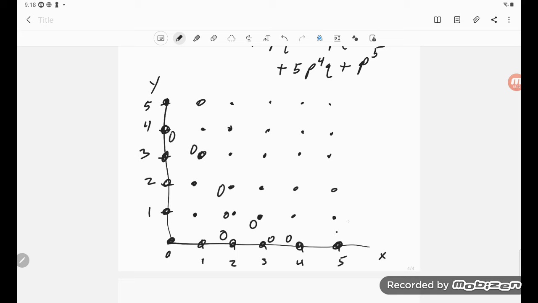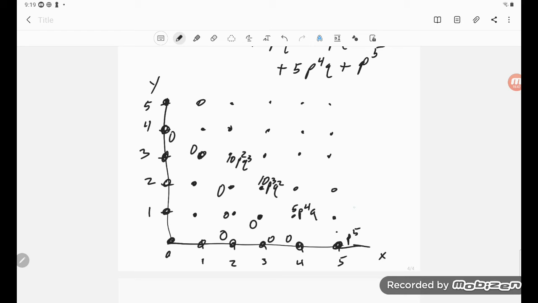And so what we saw was here, we just get our, oops, not Q, sorry, P. Here we get p to the 5th, and then here we got our p to the 4th q times 5, and we got 10 p cubed q squared like that, and 10 p squared q cubed.